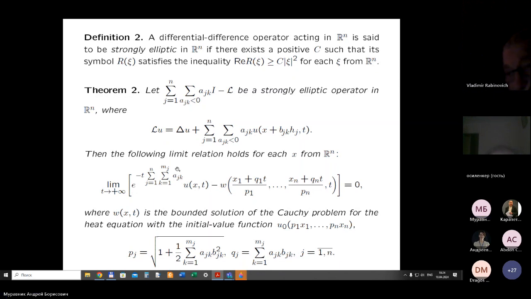So this is a theorem about asymptotical closeness of solutions. Let me recall to you that such theorems are constructed as follows. We have a function that is to be investigated. We know nothing about this function.